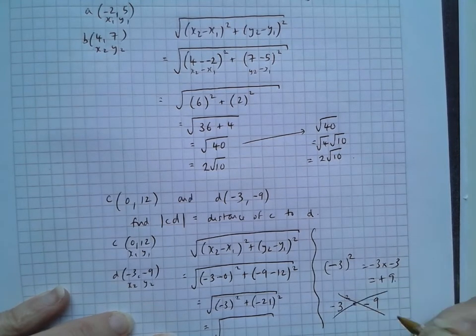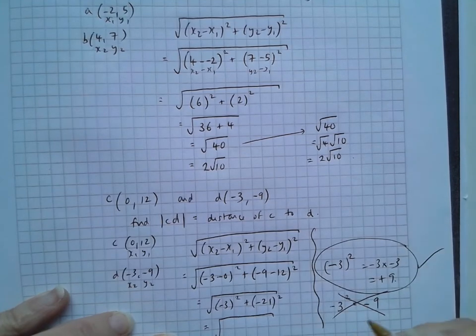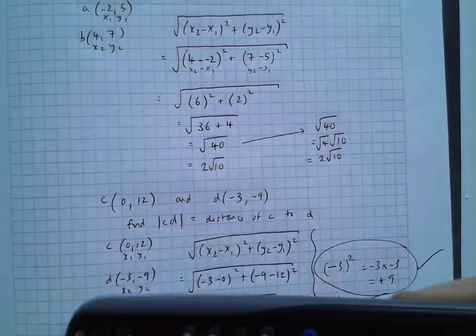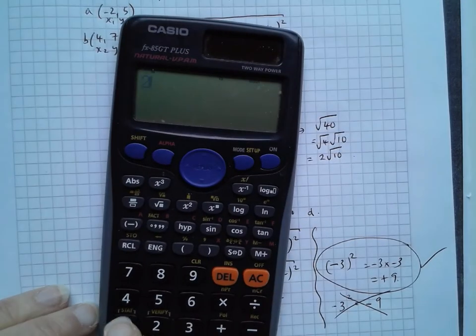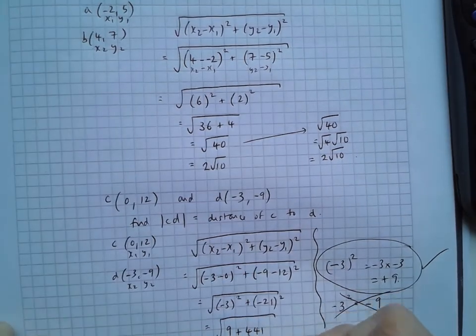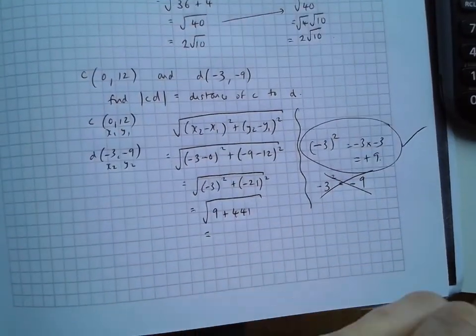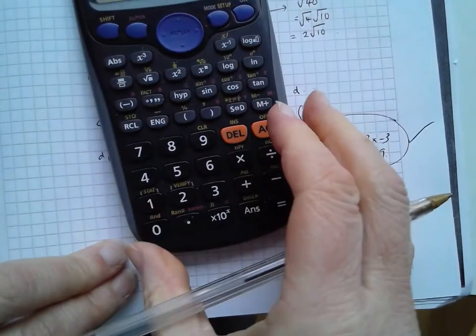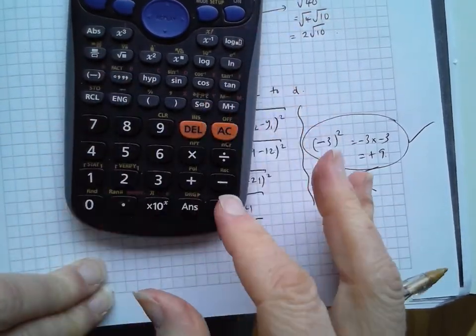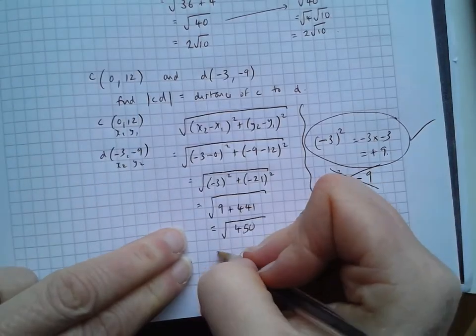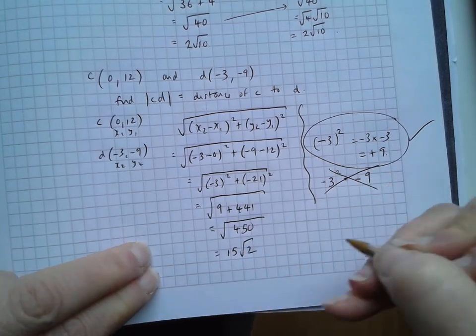That's wrong. This is correct. Okay, so it's going to be 9 plus, and I better get my calculator for 21 squared. 21 squared is 441. So what we have is the square root of 450. If I put that in my calculator, square root of 450, equals 15 root 2.